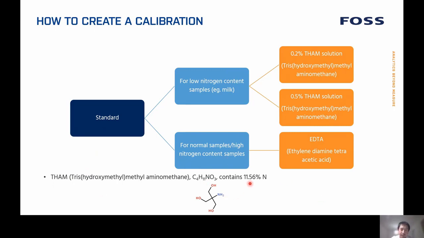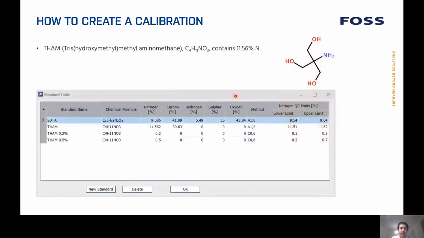It contains 11.56% nitrogen, but we do not directly use TEM. We just dilute the TEM to 0.2% and 0.5% TEM solutions. These TEM solutions can be used to build the low nitrogen content calibration curve. And this is used for low nitrogen content samples, for example milk or wastewater samples.